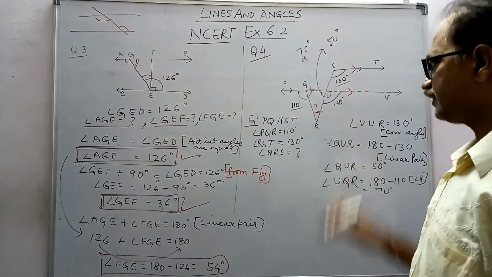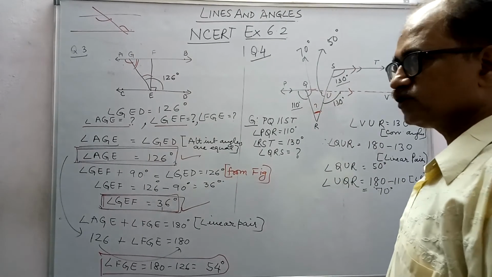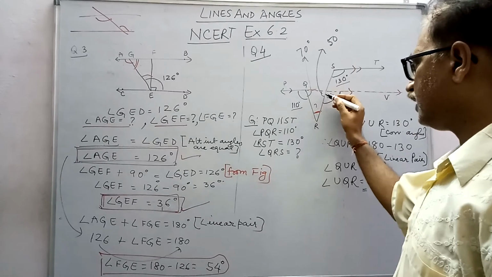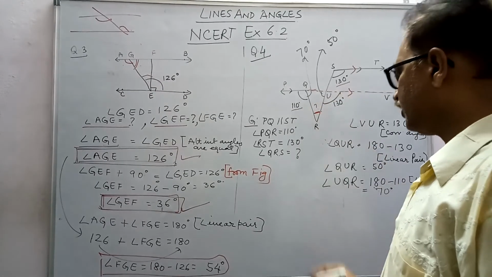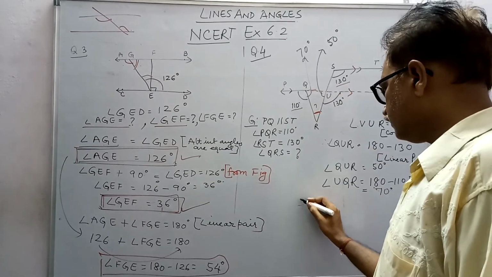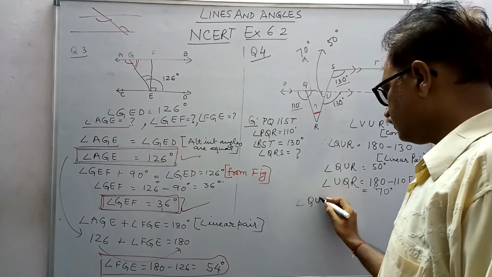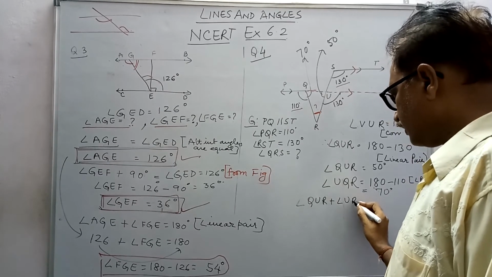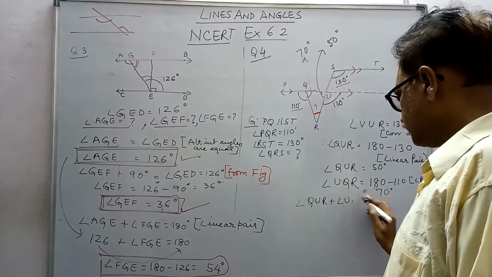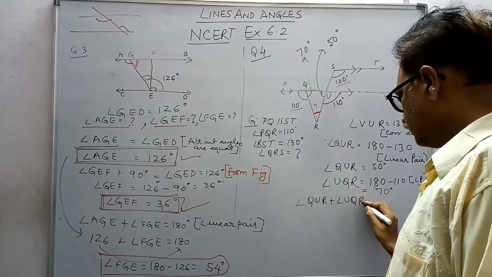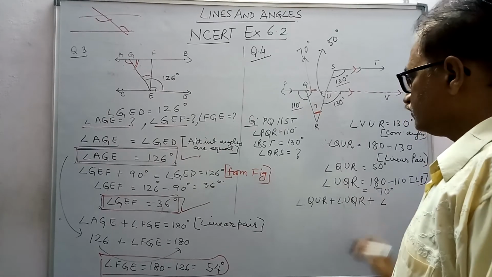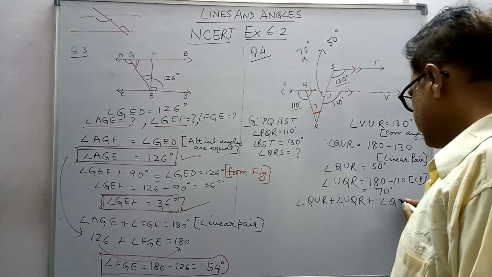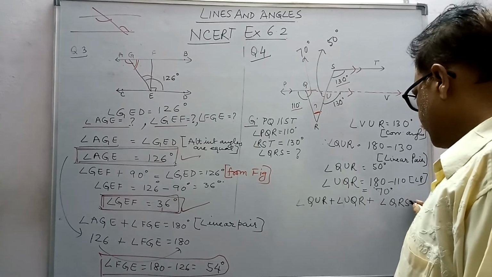Now you have to calculate this. You see sum of all the angles of a triangle is 180. So angle QUR plus angle UQR plus angle QRS is equal to 180 degrees.